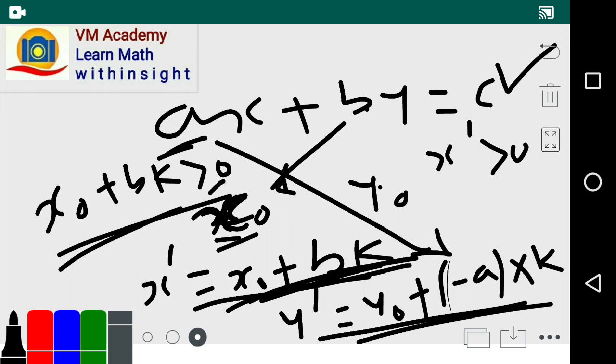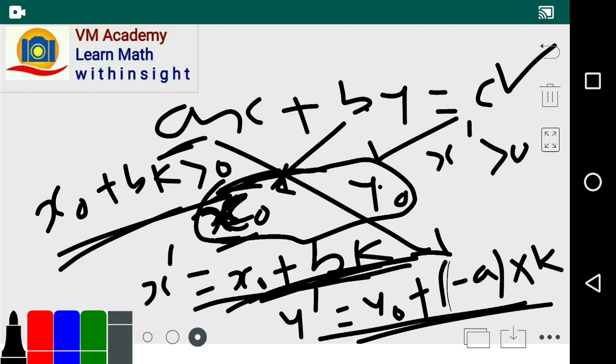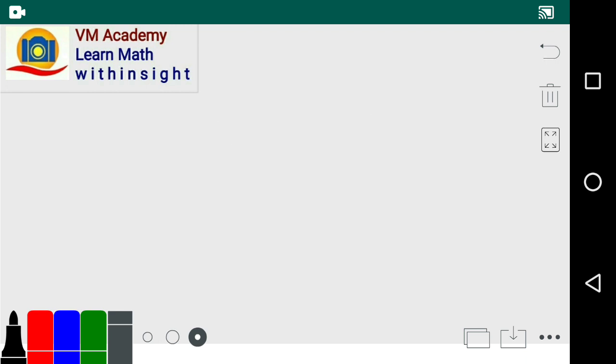Now, but how to calculate the initial, first solution? So how to calculate the initial x naught, y naught, the solution of ax plus by equal to c? Let us, friends, understand it with one example. Let 3x plus 5y equal to 1.